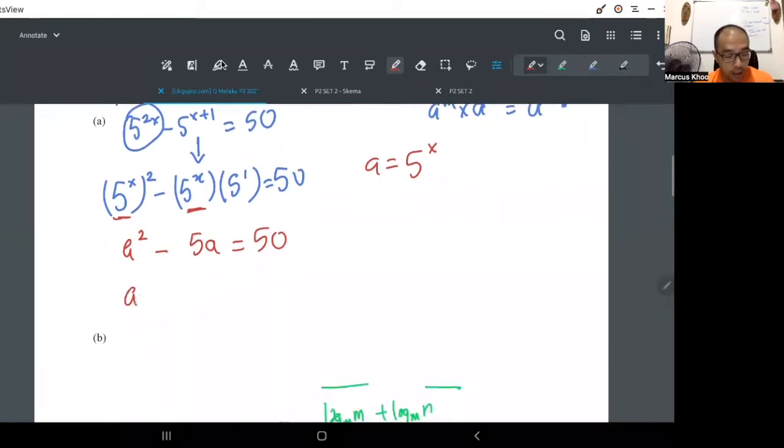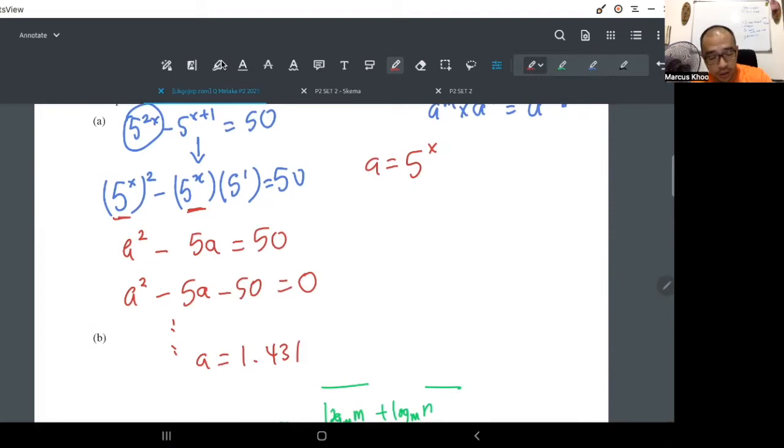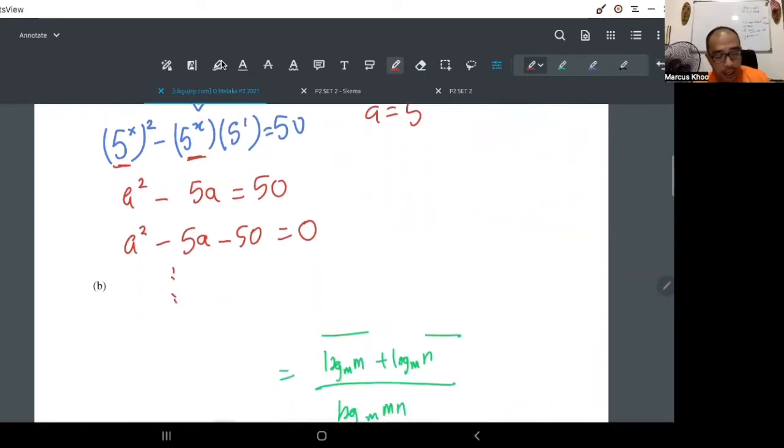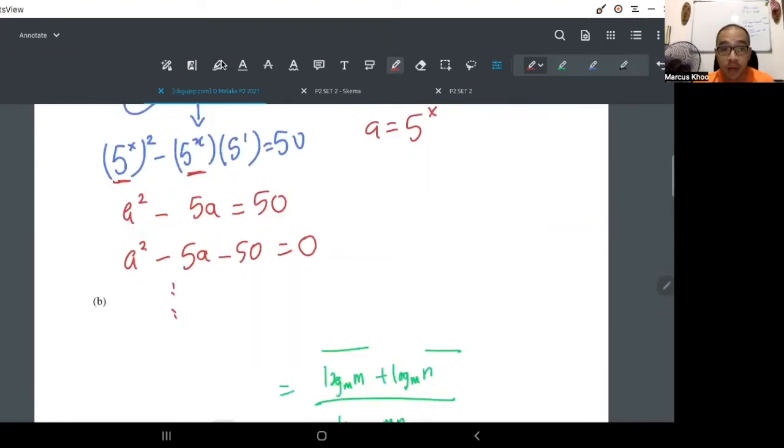Okay, I'll get a squared minus 5a minus 50 equals to 0. Saya akan dapat a sekian-sekian nilai, and then saya kasih sama dengan 5 to the power of x.